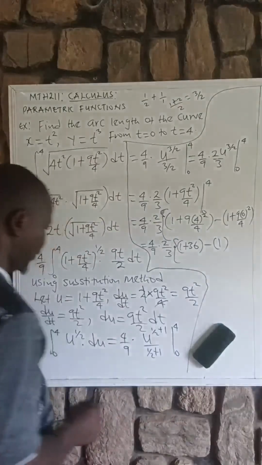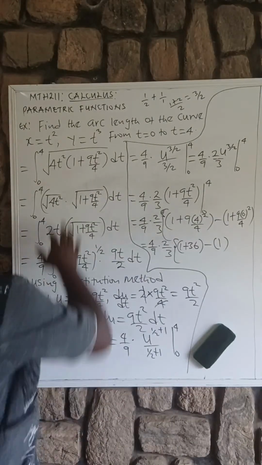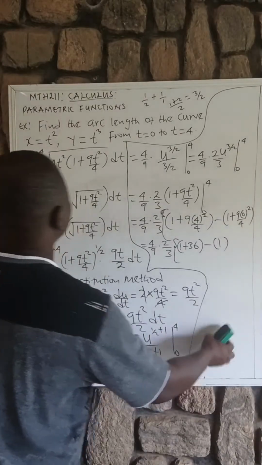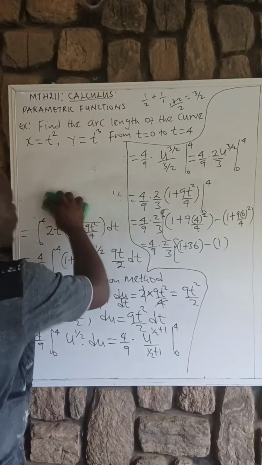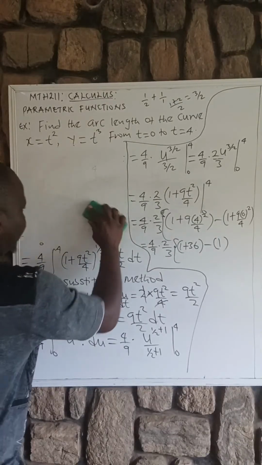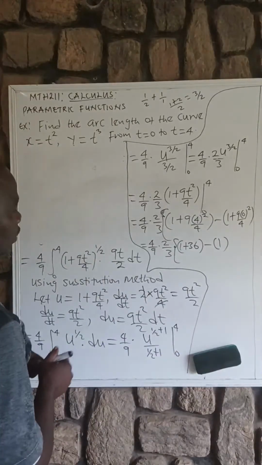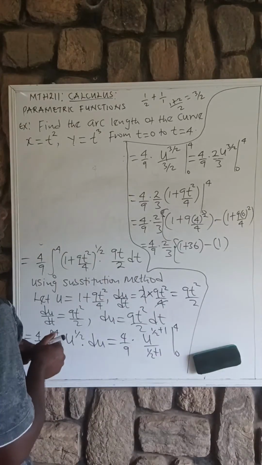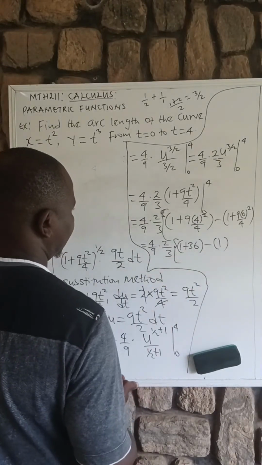So if you can see what I am saying, can I clean this part? Breaking it down for you, it's simple as ABC. So here this one and this one will cancel. Here will be 36, right?